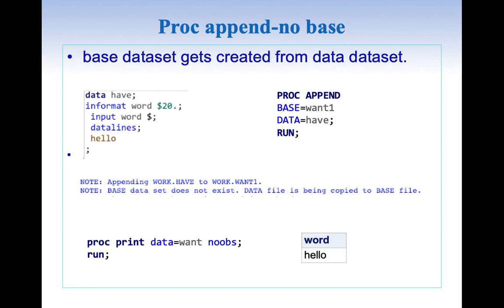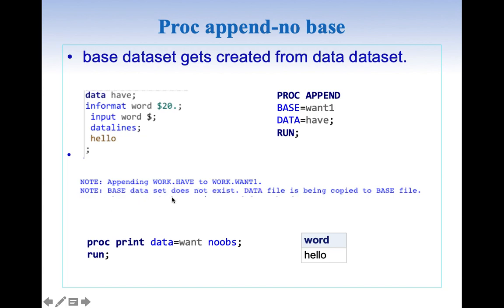Let's try to understand it better by an example. Here we have a dataset known as have, and when we do a PROC APPEND and set base=want1 but the base table is not there, what happens is it creates the want1 table and gives a note in the log saying appending WORK.HAVE to WORK.WANT1.